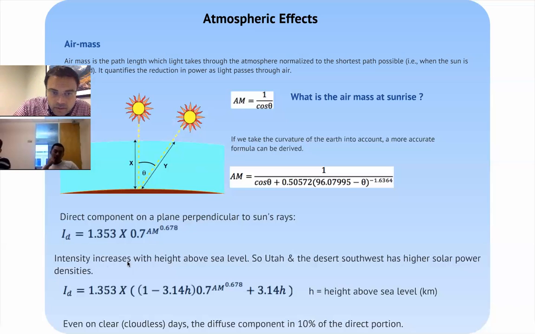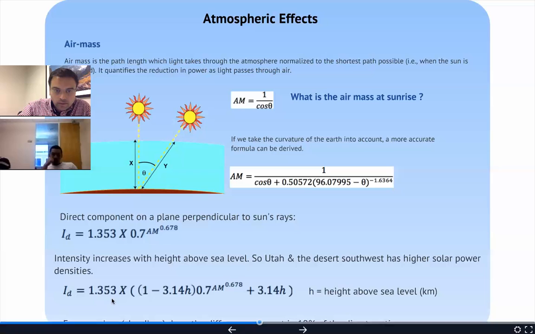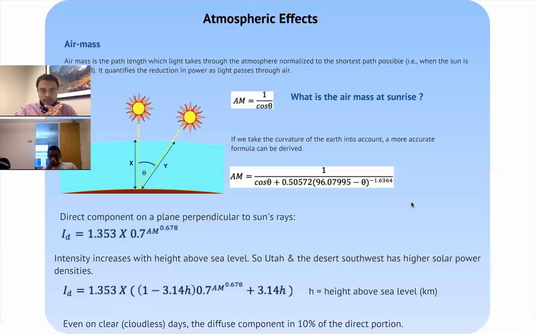The intensity, of course, increases with height above sea level because you're getting closer and closer to the sun. So places like Utah and the desert Southwest have higher solar power densities. And we can also account for that with this equation, where h is the height above sea level in kilometers. But these variations are relatively small. So we will stick to a very standard AM 1.5 spectrum for the purposes of design.